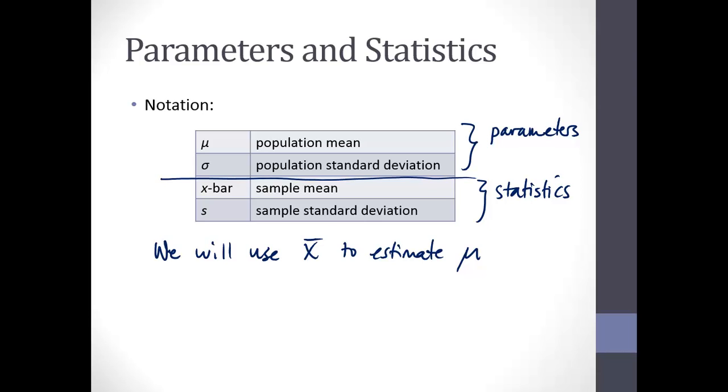If we want to know what the population mean is, we can use our sample mean. And similarly, we will use S to estimate sigma. So kind of using the corresponding sample quantity to estimate the population quantity.